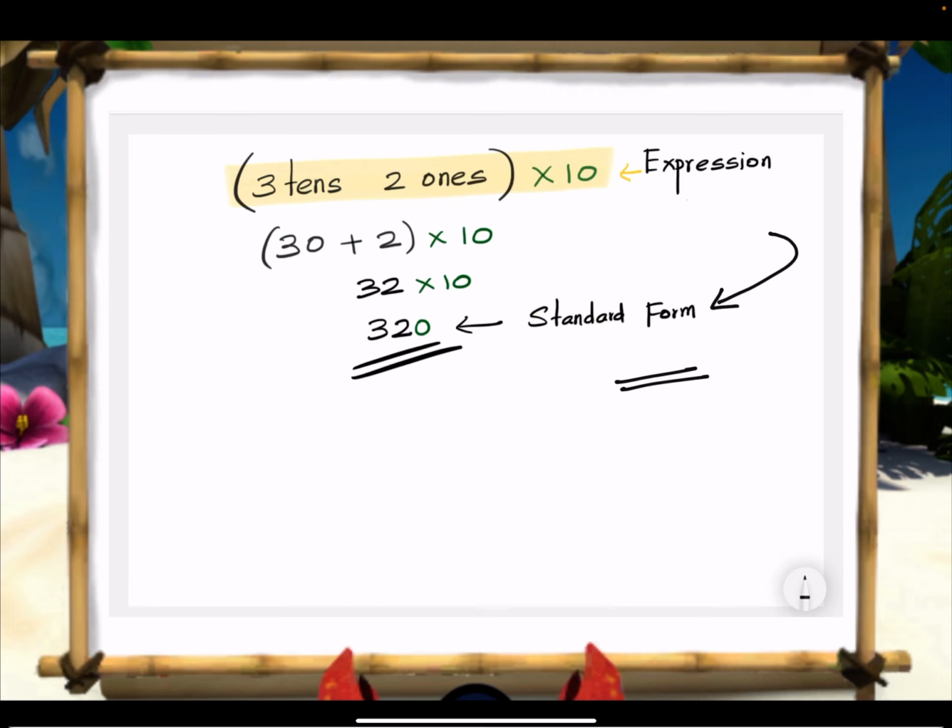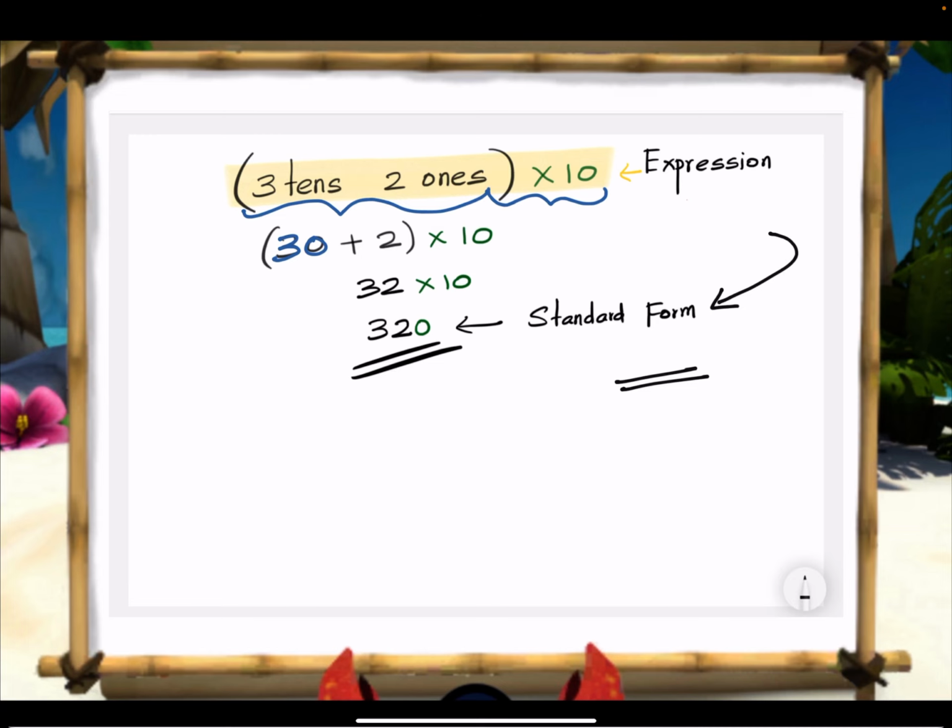3 tens, 2 ones times 10. It's an expression because it doesn't have an equal sign in it. Once it has an equal sign in it, then it becomes an equation. Right? So 3 tens, the value is 30.